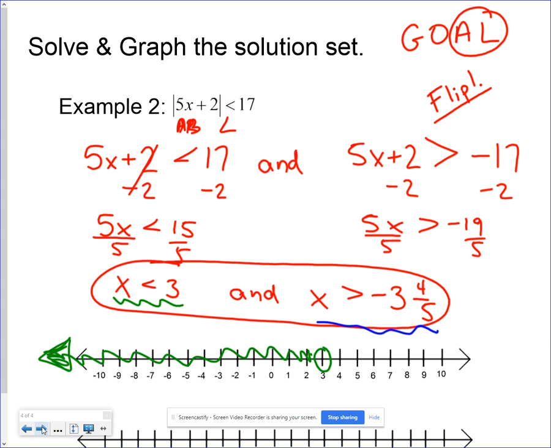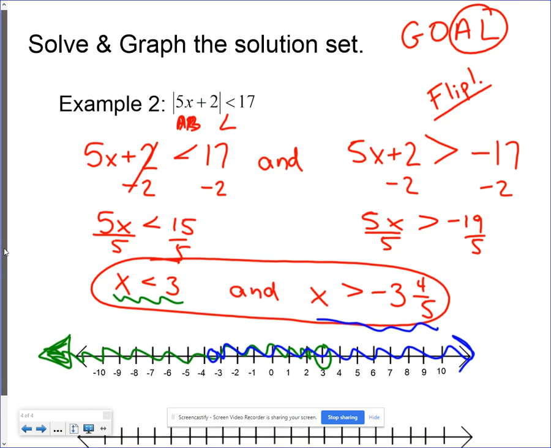X is greater than negative 3 and 4/5 would be an open dot at negative 3 and 4/5 and shaded to the right. Now what's joining these two compound inequalities? The word and. So we gotta find the solutions that make the green one and the blue one true at the same time. So that would be on your graph where the blue and the green overlaps.